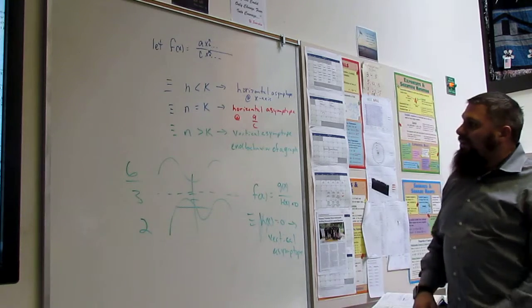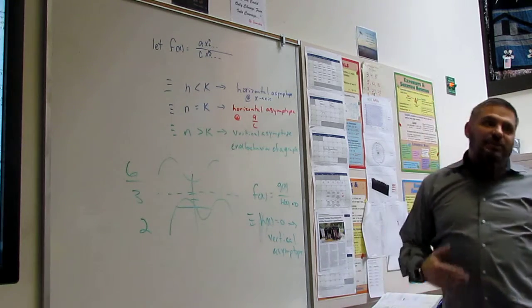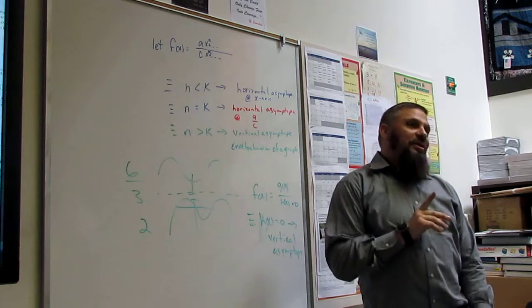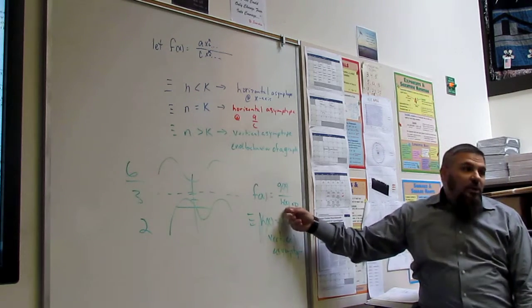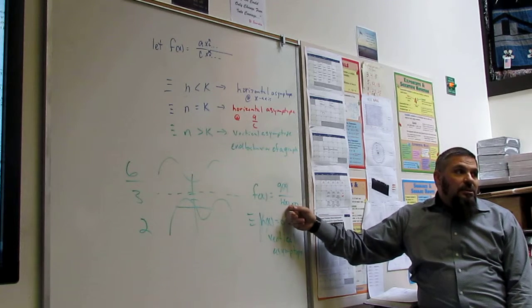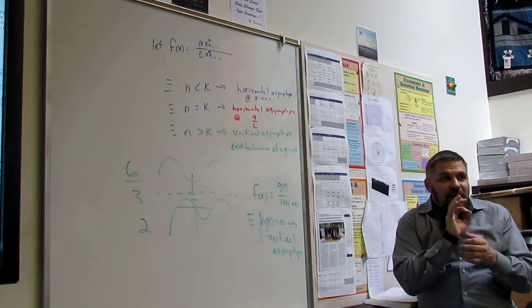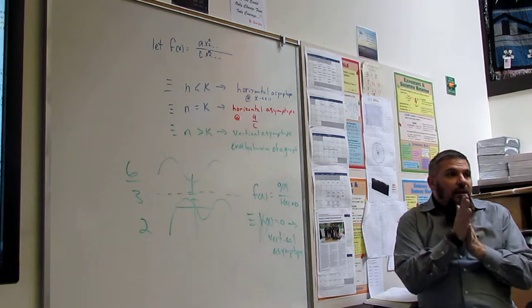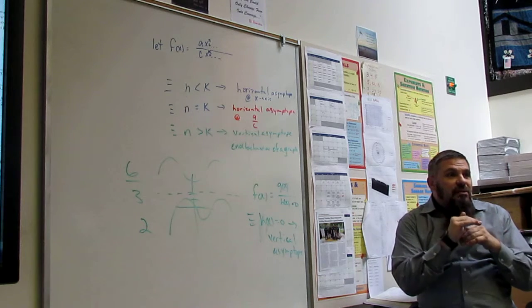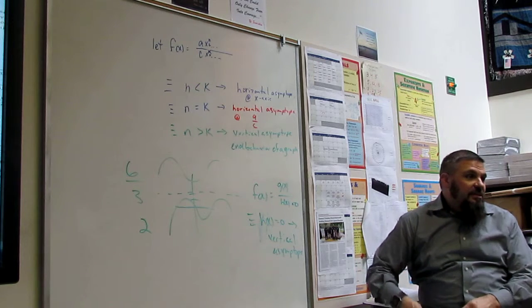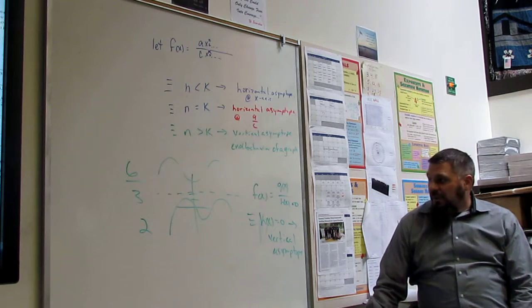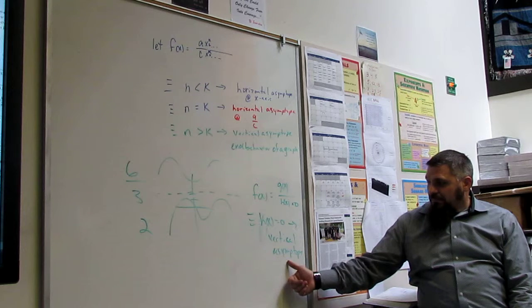Now vertical asymptotes are always produced when the bottom, or h of x, goes to 0. Whenever that bottom polynomial hits 0, you're going to have a vertical asymptote there too. Does that make sense?